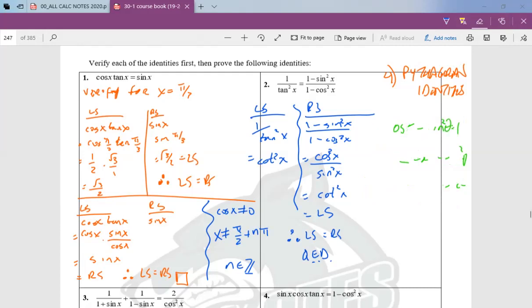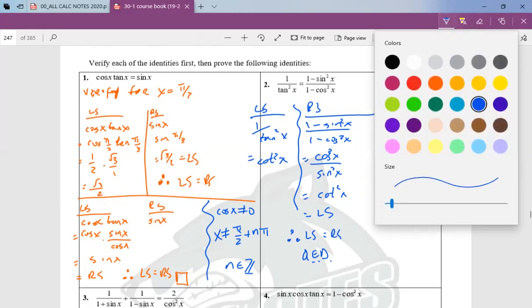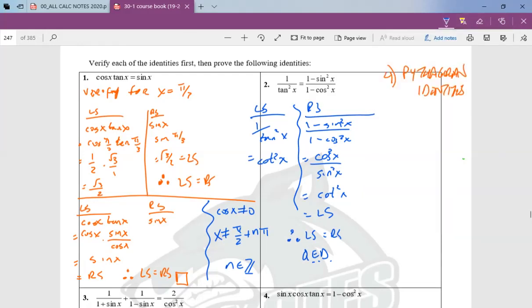Should state some restrictions here. As soon as we have tangent involved, or secant or cosecant or cotangent, we know we're going to have restrictions. As soon as we have stuff in the denominators, we're going to have restrictions. And so therefore, tan squared x is in your denominator. So because we have 1 over tan squared x, that can't equal 0, so the sine can't equal 0.